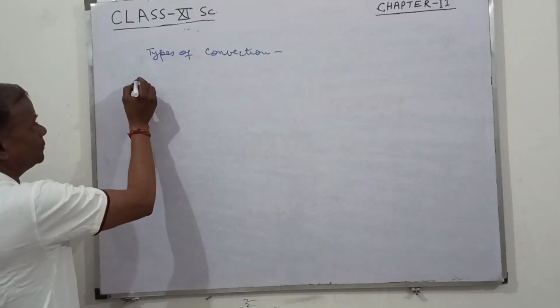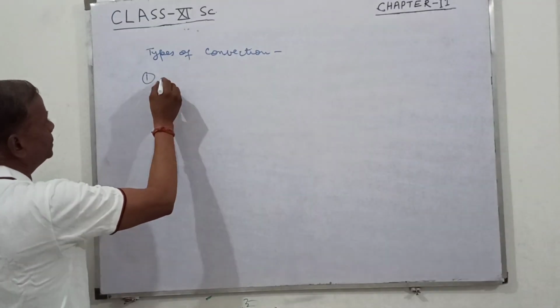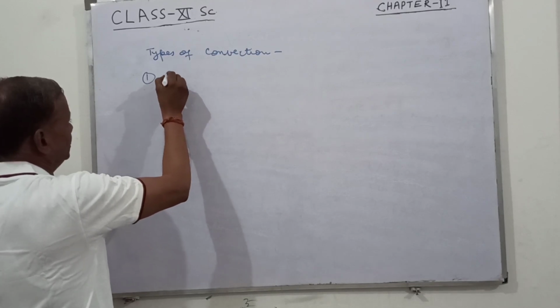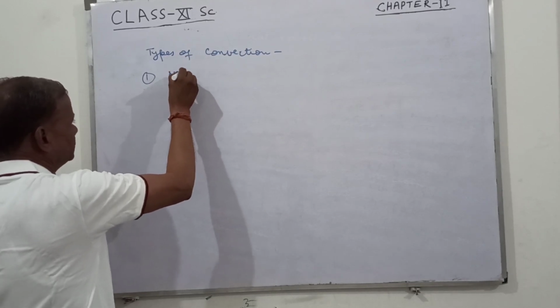Types of convection. There are two types of convection. One is the natural convection.